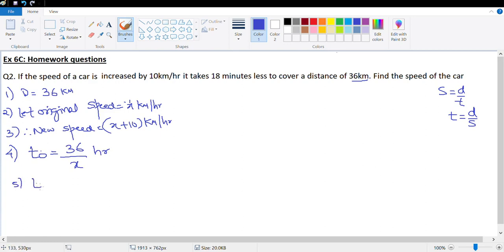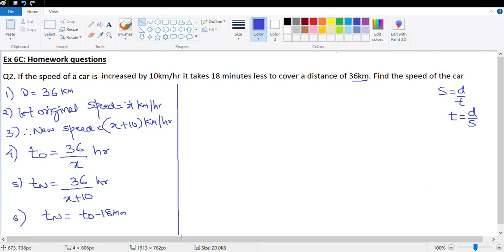Next, time new would be equal to distance, which is still 36, and the speed now is x plus 10. This is in hour. The relationship given is it takes 18 minutes less, which means time new is equal to time old minus 18 minutes.